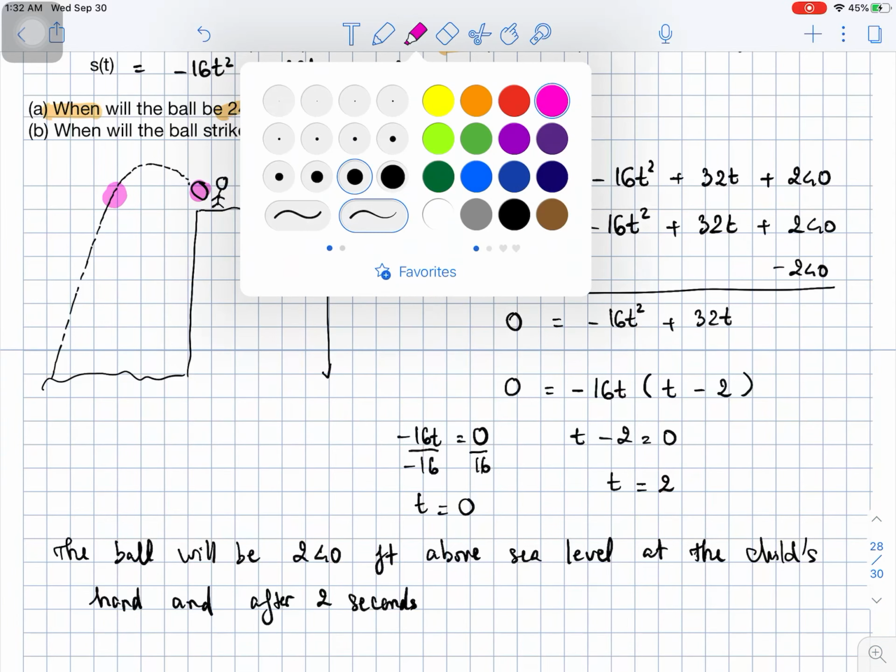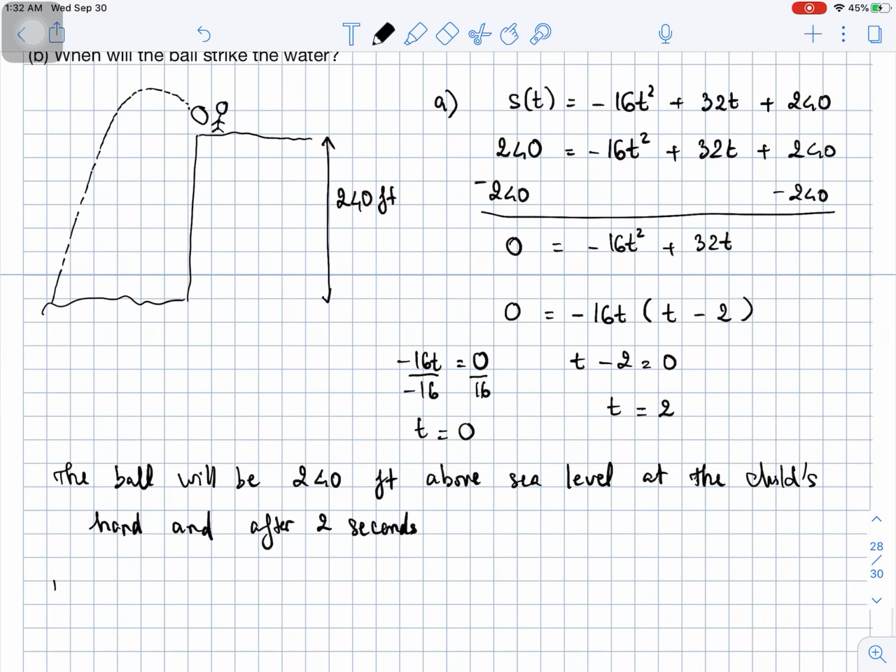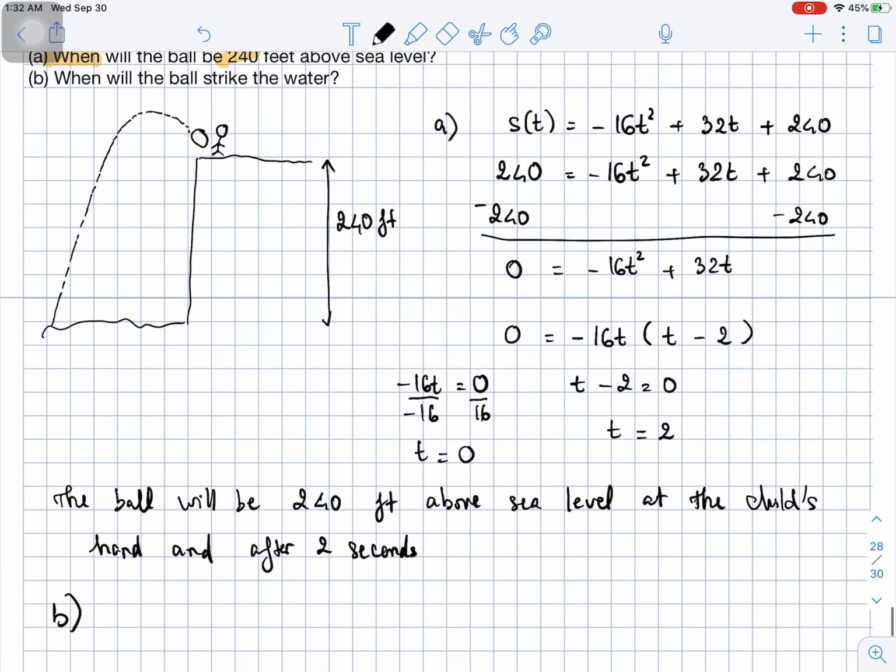For these both locations, from the child's hand to that location, it will take 2 seconds. And for both locations, you look at the water. This is 240 feet. The yellow line is 240 feet above sea level.